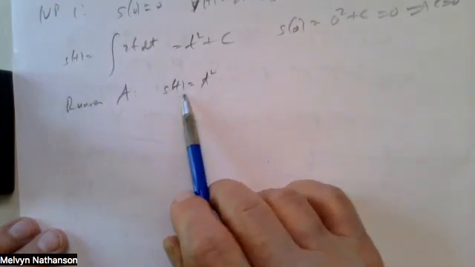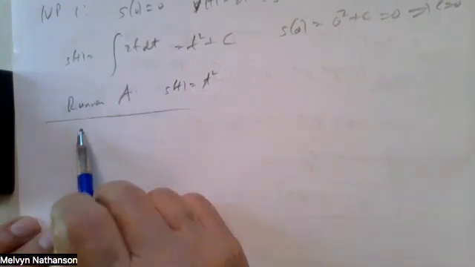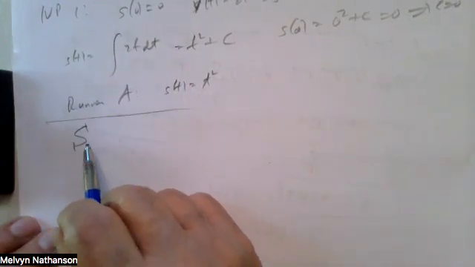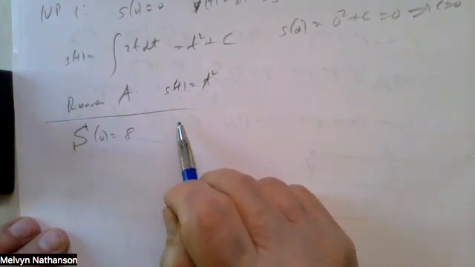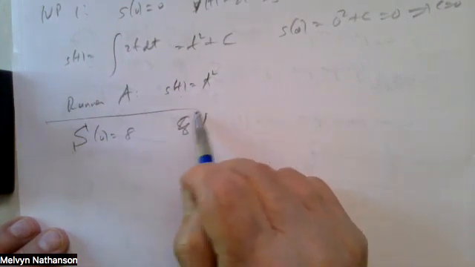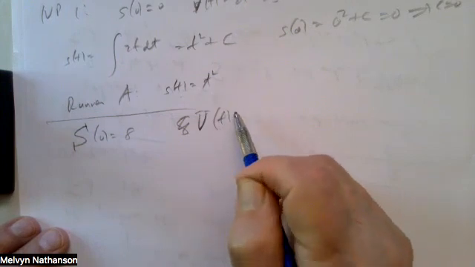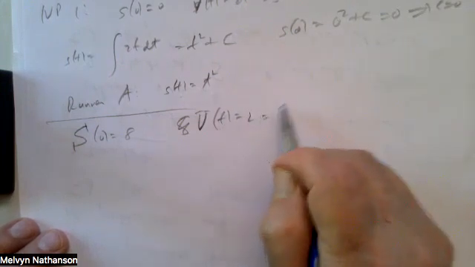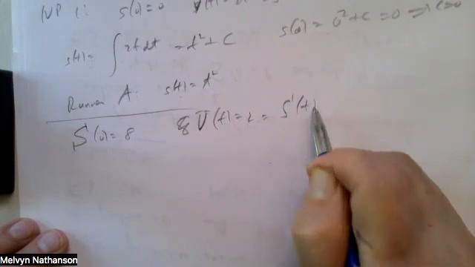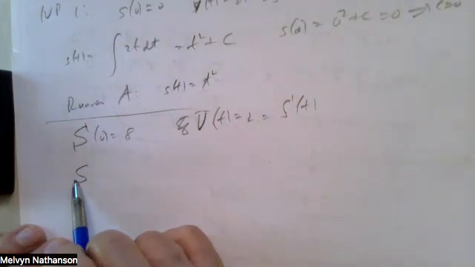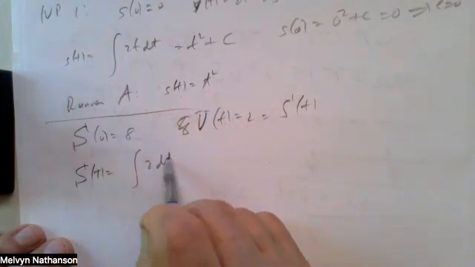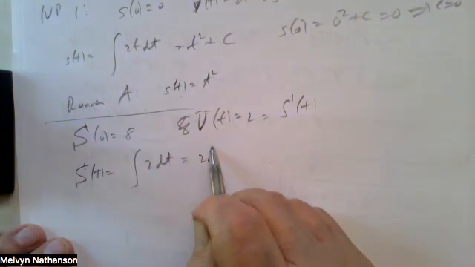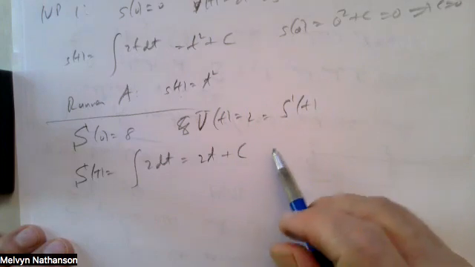0 is 0 and velocity 2t. For the runner B, capital S at time 0 is 8. And the velocity is equal to 2. So that's S prime of t. So S of t is the integral of 2 dt, which is 2t plus a constant.